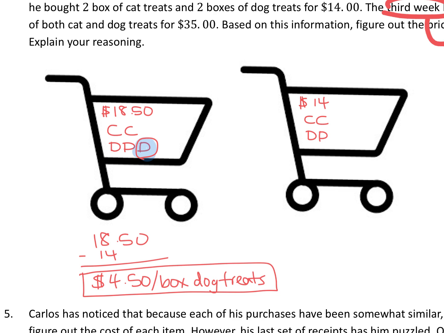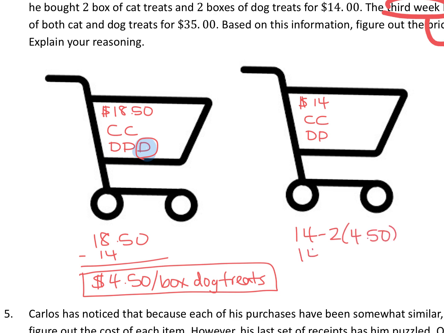Let's look at that second shopping cart. That was $14 for 2 boxes of cat treats, 2 boxes of dog treats. So I think that we could say $14 minus the 2 dog treats, which is $4.50 each. So times $4.50.